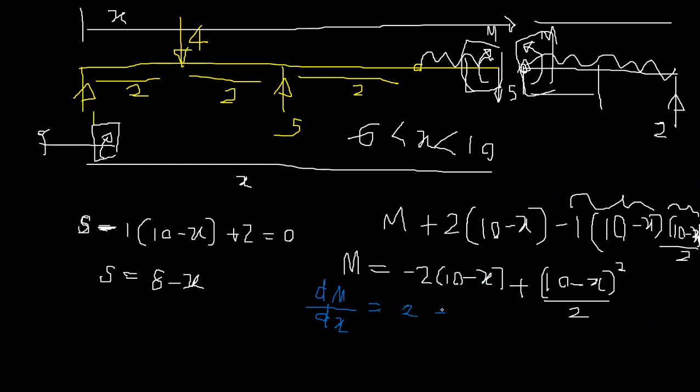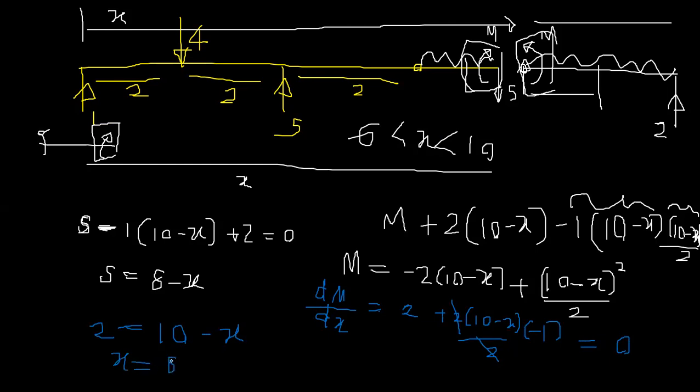So here it's going to be 2 into 10 minus x over 2 into minus 1, right? 2 into 2 cancelling. So it's going to be 2 equals to 10 minus x. So if dM over dx equals to 0, right? So x is equal to 8, right?